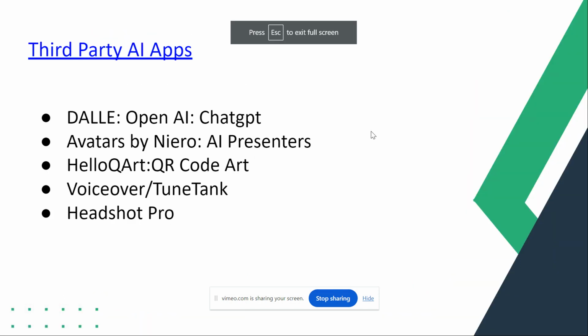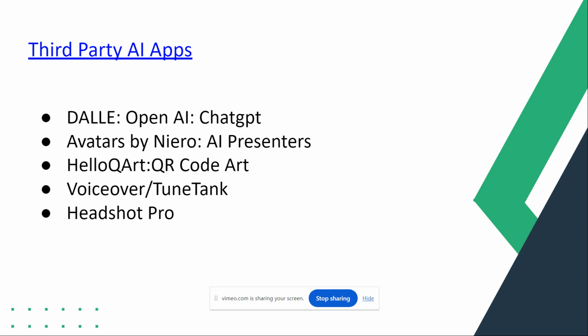And then we've come on to the final part of our presentation in regards to the new Canva AI features, which are the third-party AI apps that Canva are now integrating into the platform. So we explored just a few of the Magic Studio tools there. As I said, there are so many new features and so many tools.